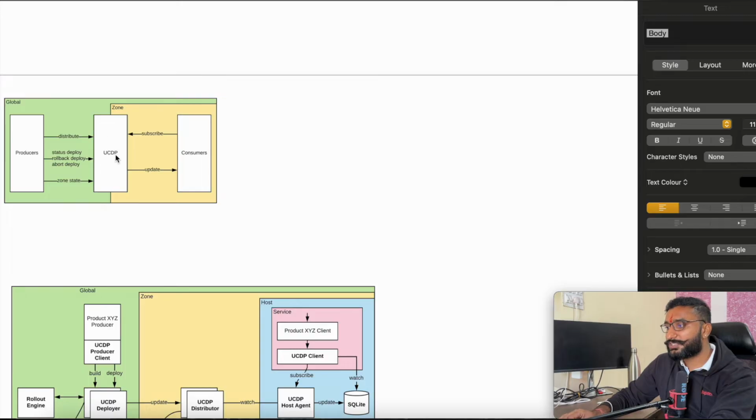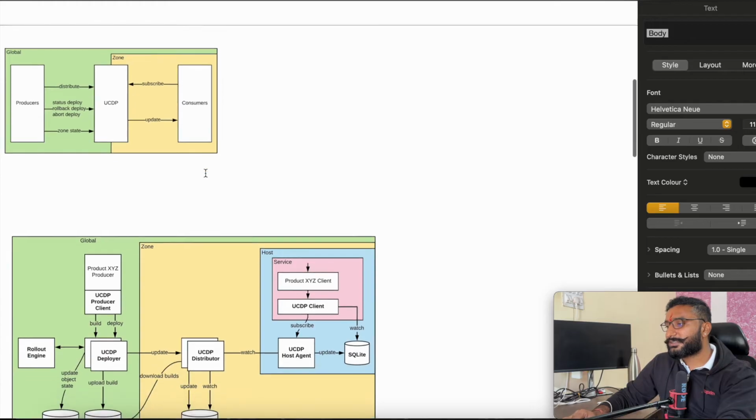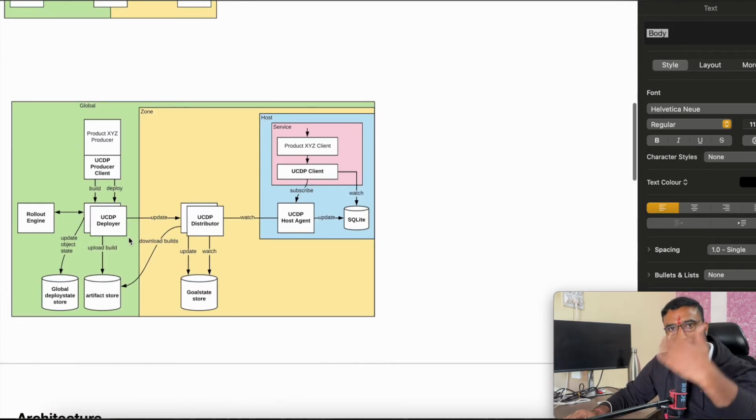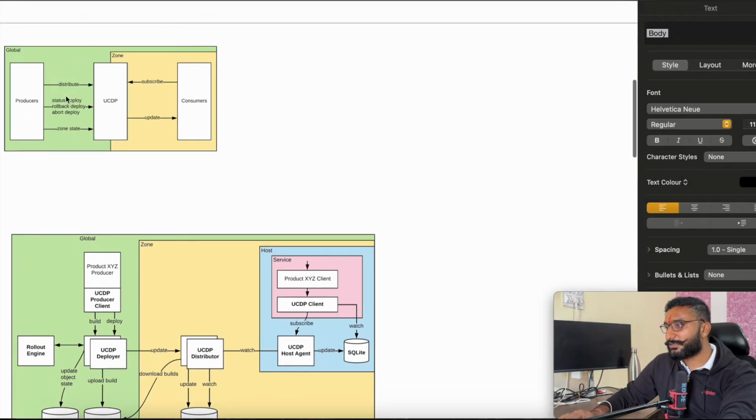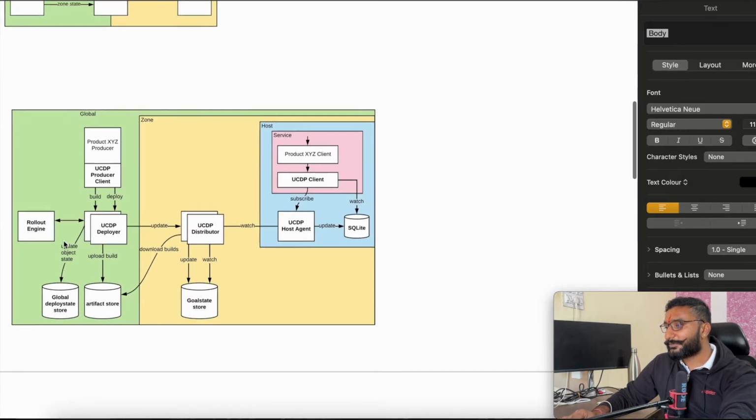They do that. UCDP is a system which is then responsible to send those updates to the consumers. These consumers subscribe to particular configurations, and whenever there is a new update, they send that update to the consumers.